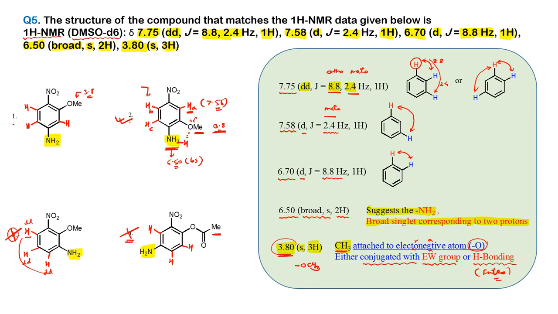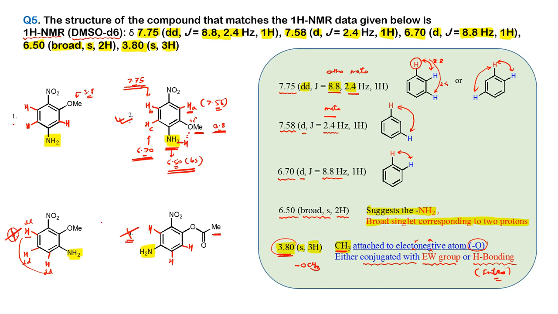This proton, since it will couple meta with HA and ortho with HC, is giving a doublet of doublet, so this will be 7.75. And the HC proton, since it is giving only an ortho coupling, will give us a 6.7 value.